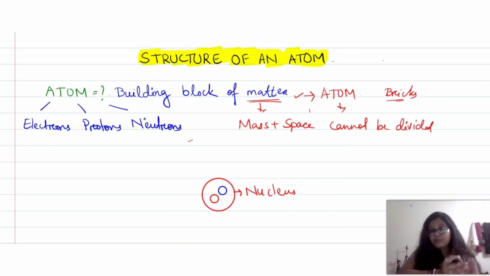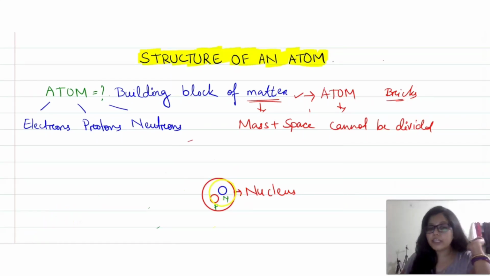Now inside the nucleus we have protons and neutrons. So where is the electron located? The electron is located outside the nucleus. We have several orbits around the nucleus.